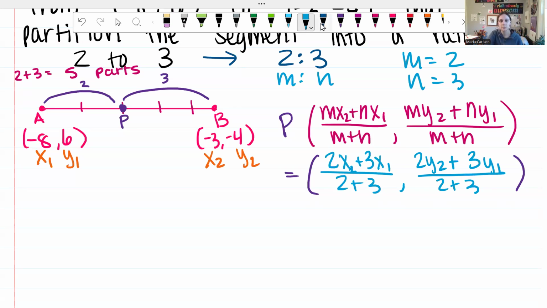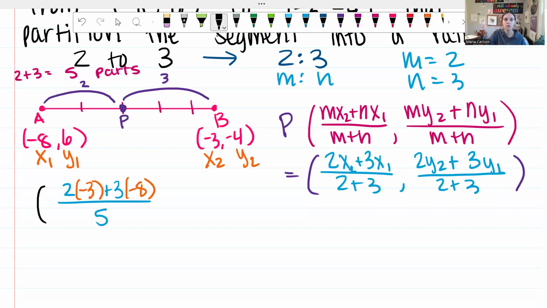All right, so let's substitute in all of our values. This is going to give us this point, and we have 2 times our x2, and our x2 is -3, so I have 2 times -3 plus 3 times our x1, which is -8, divided by 2 plus 3, which is 5.